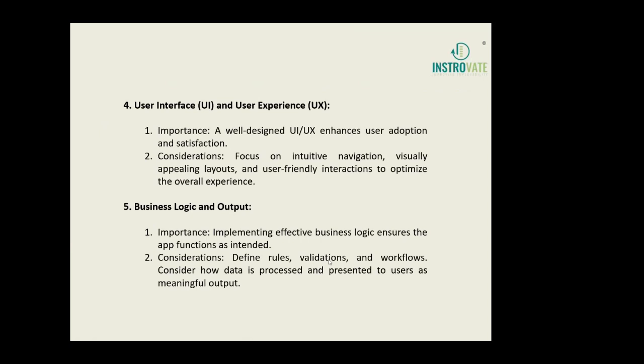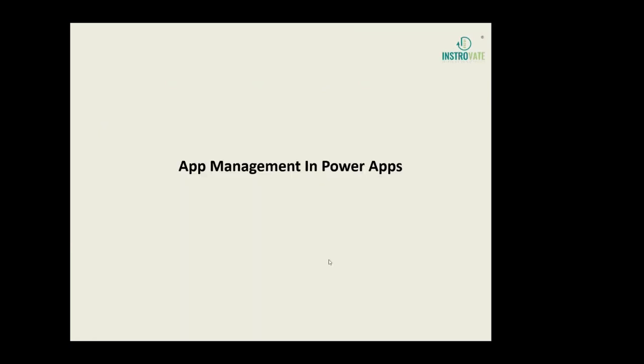User interface: the application you are creating must be user friendly. Business logic and output: this is also important, implementing effective business logic ensures that the app functions as intended. So always consider that you are defining the rules, doing the validation, and workflows, everything should be in your application.